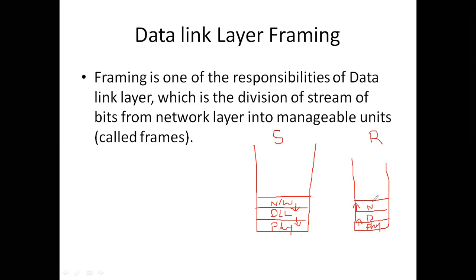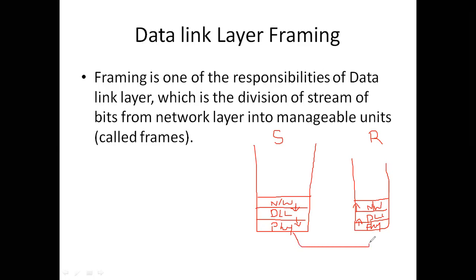So the main responsibility of the data link layer at the sender side is taking the information from the network layer and adding the delimiters, meaning a flag, header, and also a trailer, and then sending it to the physical layer.